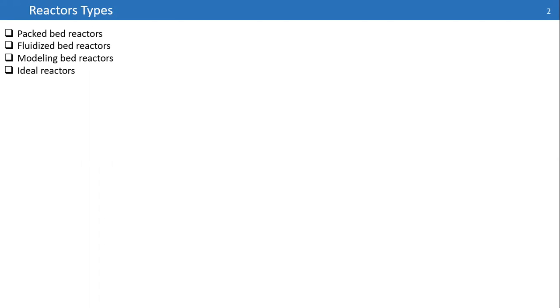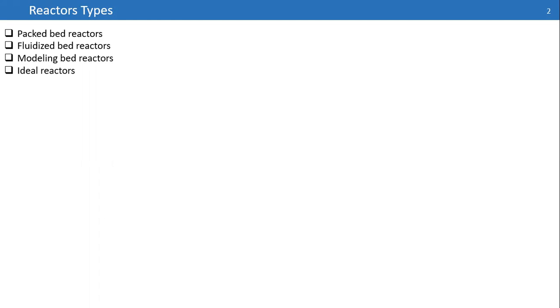The easiest reactor, which it would have been better to put first, is the ideal reactor. As you know, we have batch reactors, CSTR reactors, and PFR reactors. These are ideal types of reactors that are, most of the time, difficult to reach in reality.